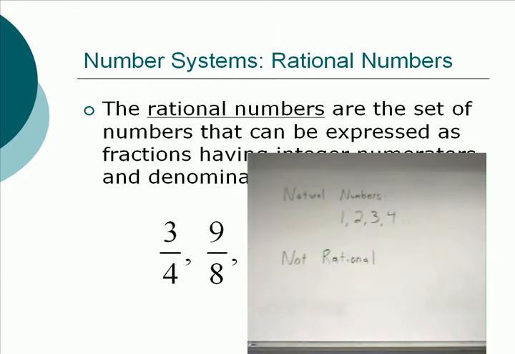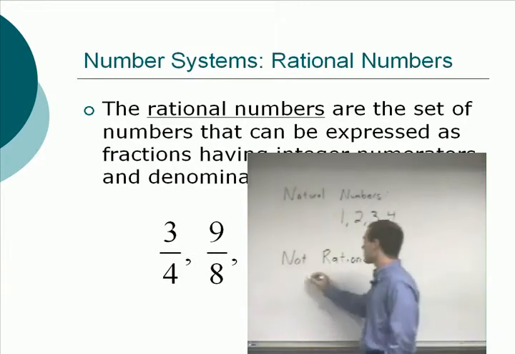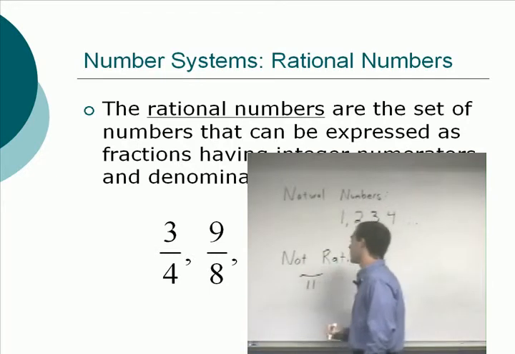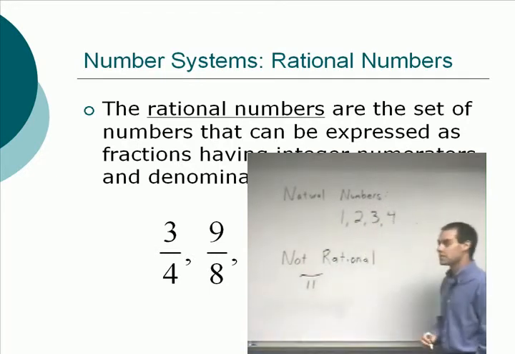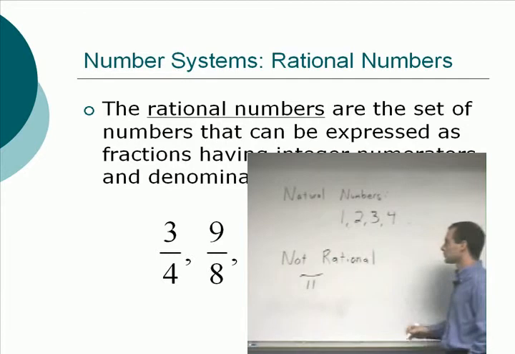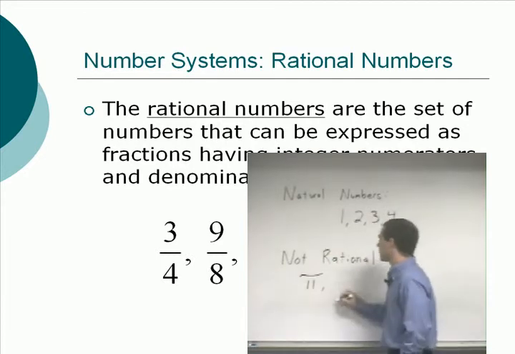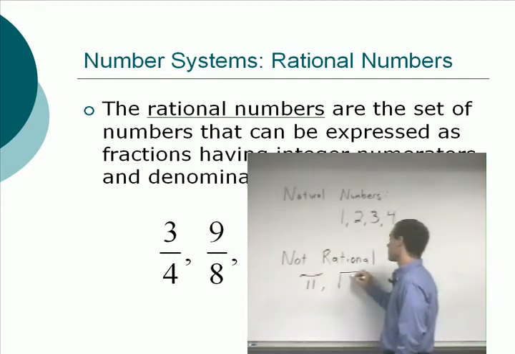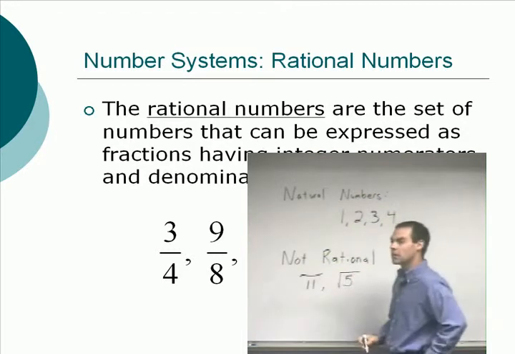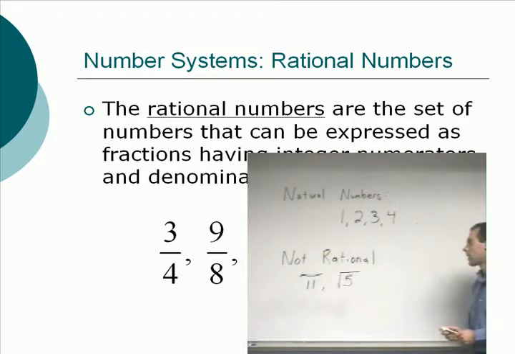A few examples of numbers that are not rational. You might think of a few. Pi. Pi is an example of a number that cannot be expressed as a fraction. Another example: many roots cannot be expressed as fractions. The square root of 5, for example, cannot be expressed as a fractional number.